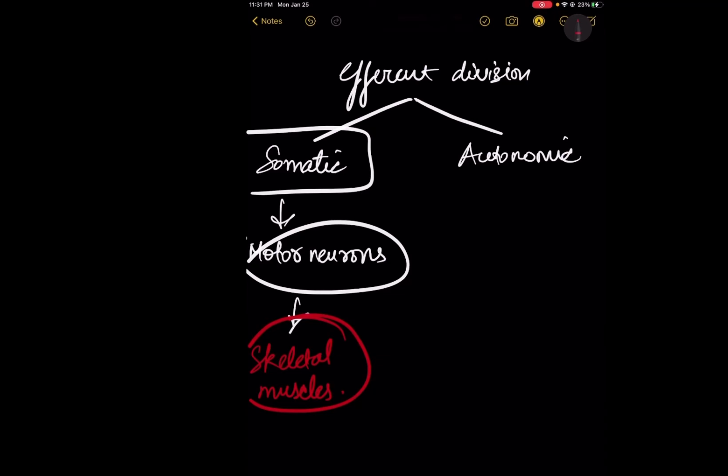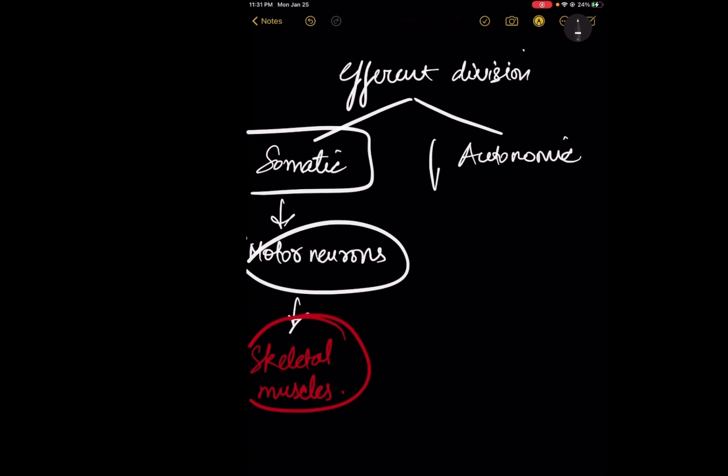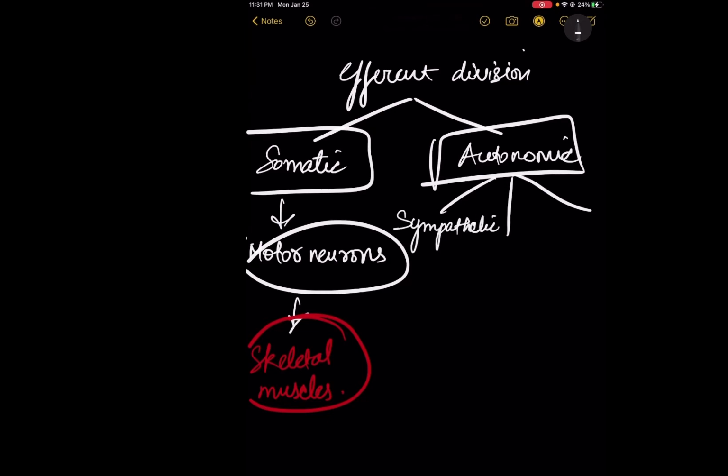Then here we come to the autonomic nervous system. The autonomic nervous system is basically of 3 types: sympathetic, parasympathetic, and enteric.